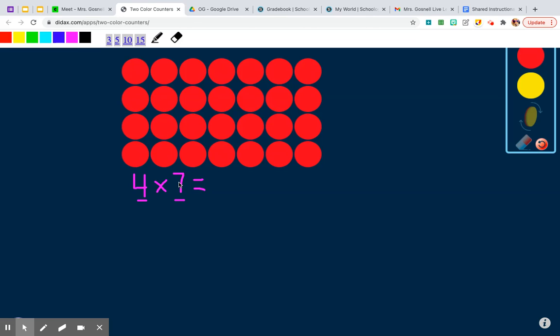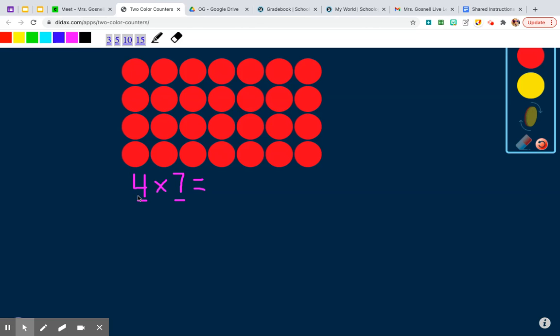Now, according to distributive property, we are only allowed to split one of the factors. You can't split both of them. So this is where you have to make a decision. How do I want to split this array in a way that is going to make it simpler, make it easy for me? So you want to look at your factors.